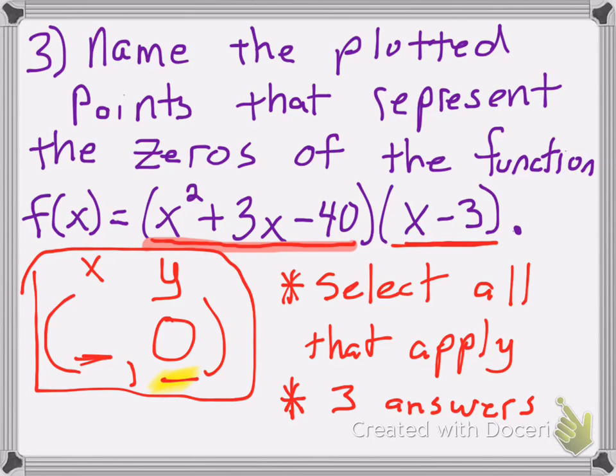I'm going to start with this x minus 3. We're finding zeros, the plotted point version of these zeros. So I'm going to start with x minus 3 here in this function and set it equal to 0. Let's go ahead and solve that.